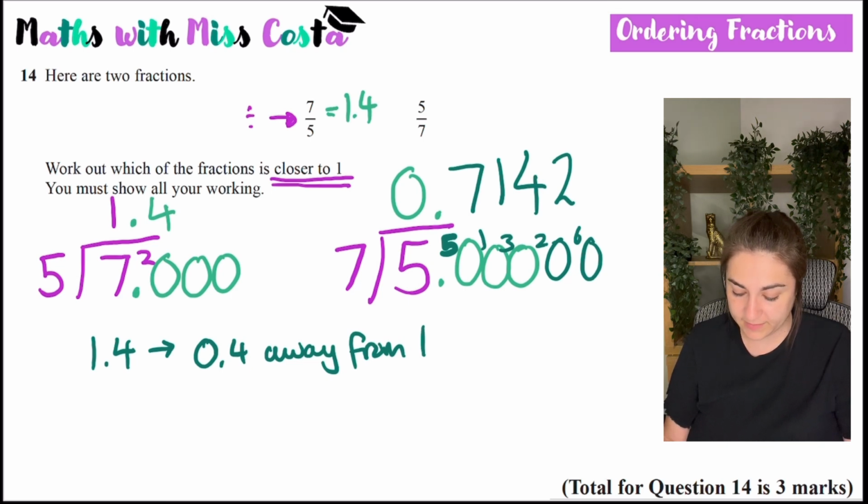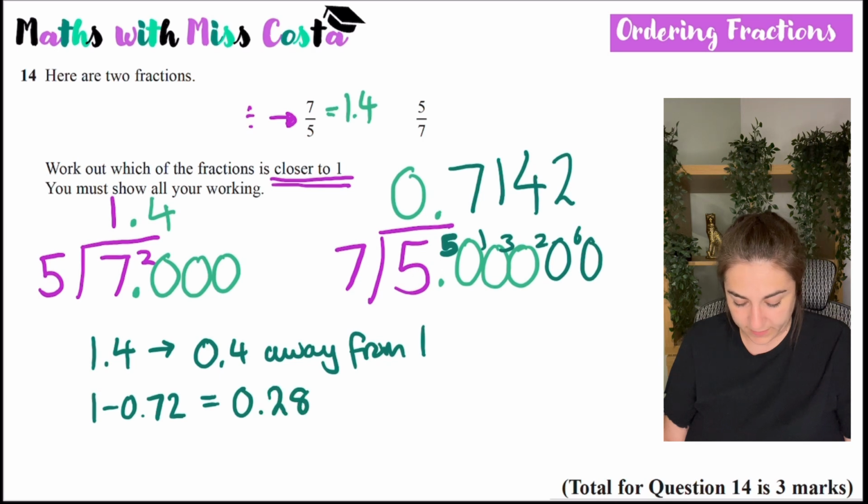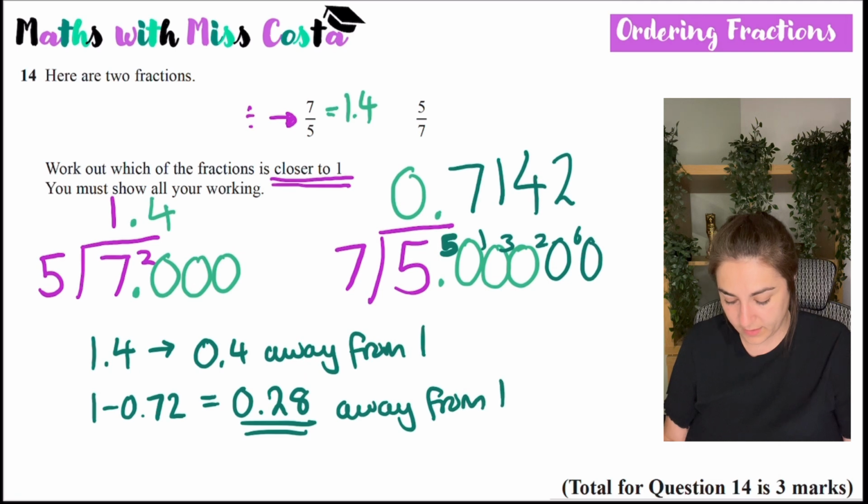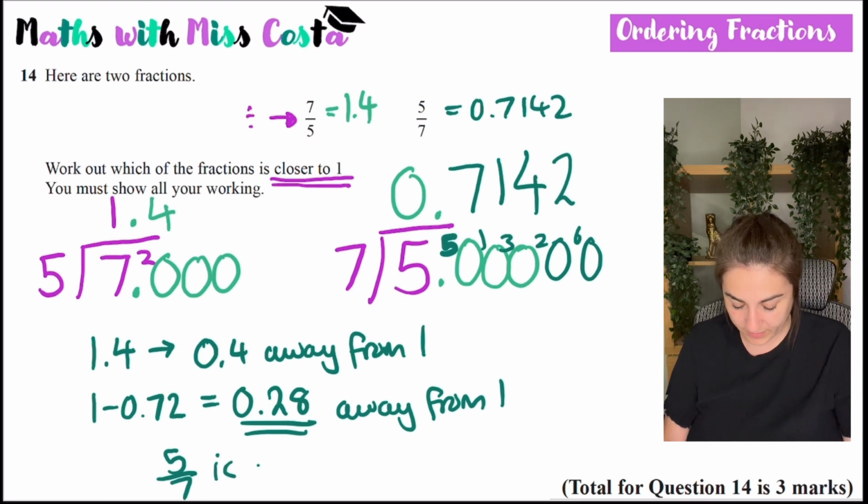So if I rounded it to 0.72, 1 take away 0.72 is 0.28 away from 1. So therefore 5/7 is closer to 1.